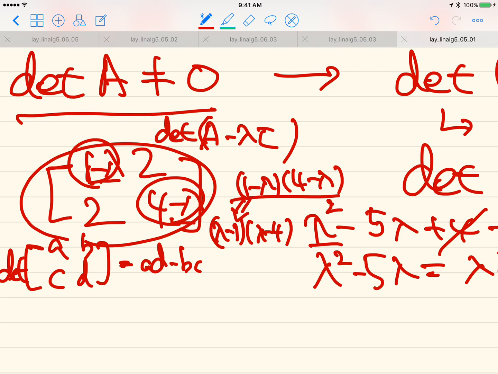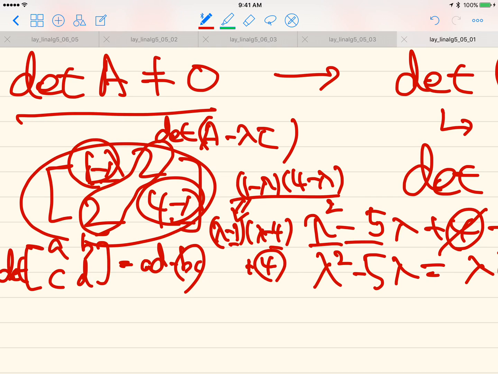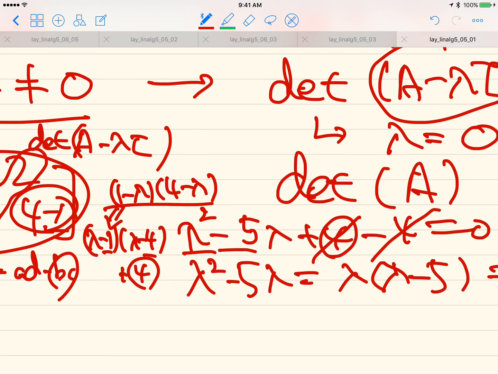So lambda squared, and then minus 1 plus minus 4 which is minus 5 lambda. And then we have a 4 here as a scalar, right? And for the BC term it will be 2 times 2, so that's why we have a minus 4.